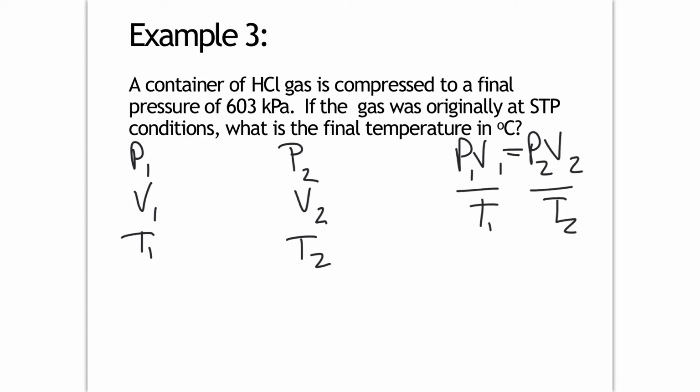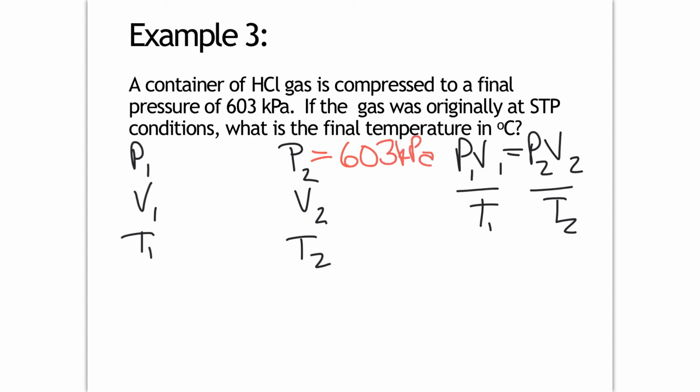And we're all set. So now we're going to go through and read all this. A container of HCl gas is compressed to a final pressure of 603 kPa. Well, it says final pressure, so we know that's not the initial, so we're going to say that's P2.